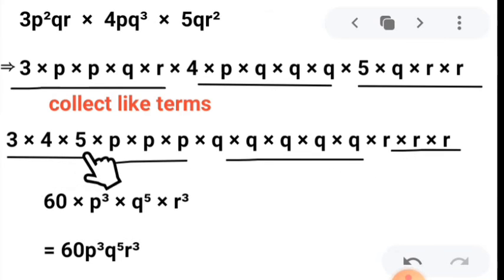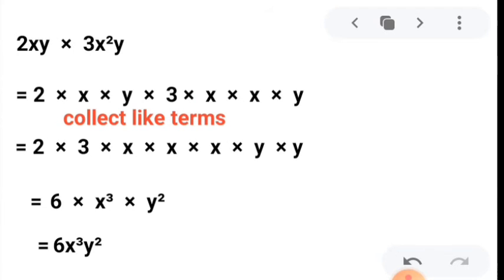So 3 times 4 times 5 is 60. p times p times p is p raised to the power 3. q multiplying itself 5 times is q raised to the power 5, and r multiplying itself 3 times is r raised to the power 3. So after collecting like terms, we now have 60p raised to the power 3, q raised to the power 5, r raised to the power 3, and that is the answer.